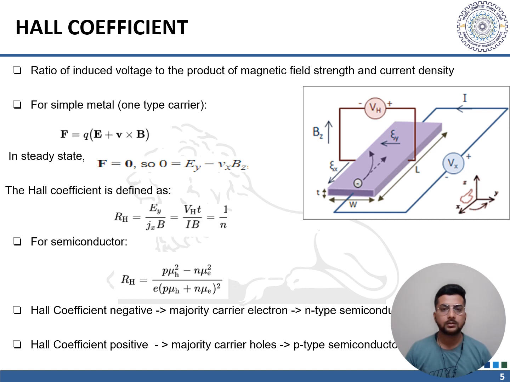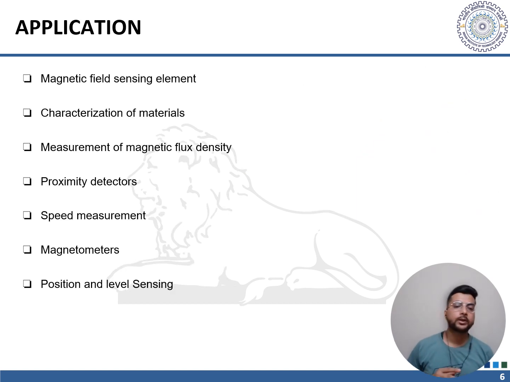Now we will be looking at some of the applications of the Hall effect. Because of its application of contactless magnetic sensing, Hall effect technology provides exceptional value and reliability. Because of this, we can use it to manufacture various sensors and transducers.